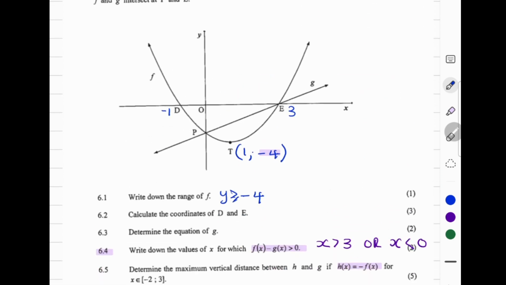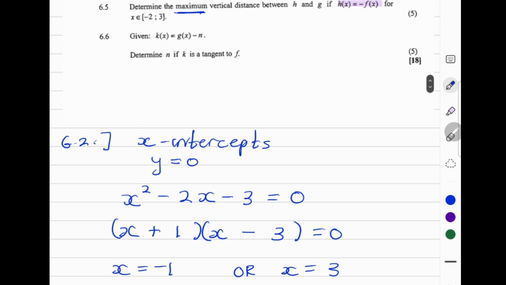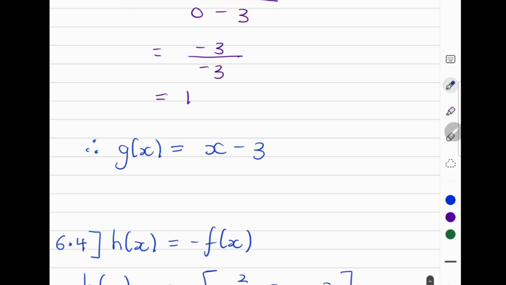Now let's go back to the question. We want to determine the maximum vertical distance between h and g. Now remember that g is our straight line, which we determined to be x minus 3, right?